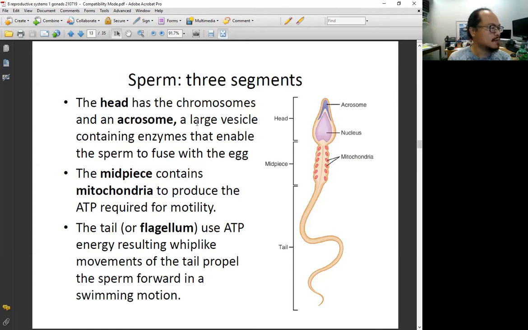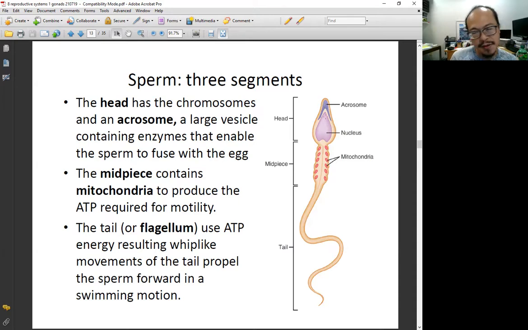This is a large vesicle that contains some enzymes in order to break through the egg in order to dump the DNA inside the nucleus of the ovum, the final form of the oocyte. So this is the acrosome.